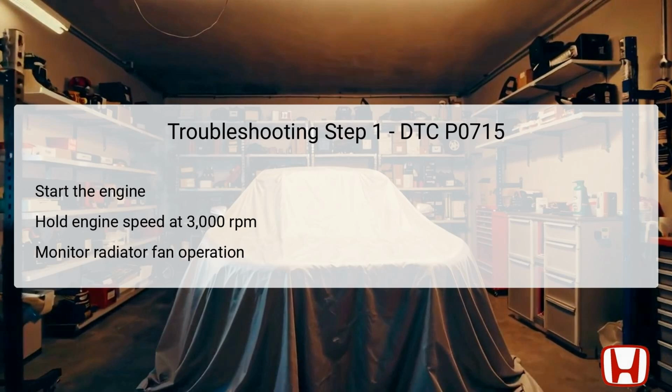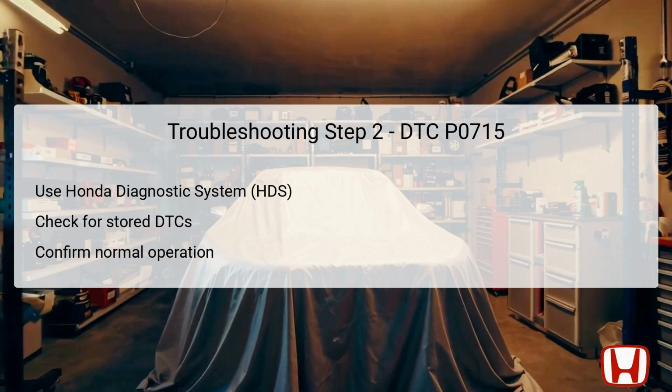monitoring performance. In the second troubleshooting step, the Honda Diagnostic System, HDS, is employed to conduct a thorough examination of the vehicle's systems. The technician checks for any additional stored diagnostic trouble codes beyond the P0715 to identify other underlying issues that may contribute to the malfunction. Using the HDS, it's crucial to confirm whether the input shaft speed sensor operates within normal parameters.